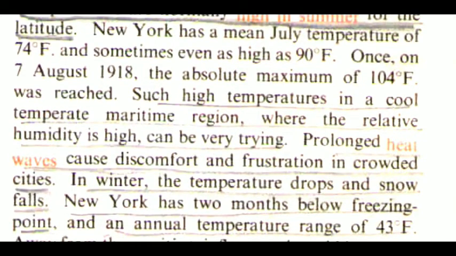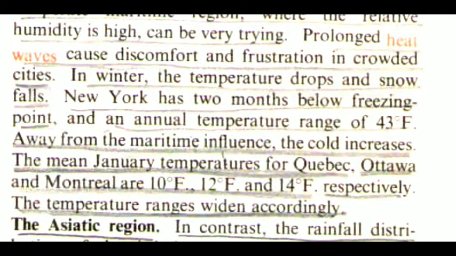Such high temperatures in a cool temperate maritime region, where the relative humidity is high, can be very trying. Prolonged heat waves cause discomfort and frustration in crowded cities. In winter, the temperature drops and snow falls. New York has 2 months below freezing point and an annual temperature range of 43 degrees Fahrenheit.